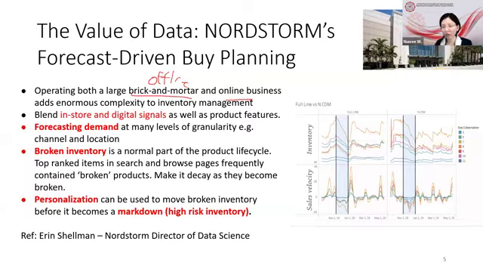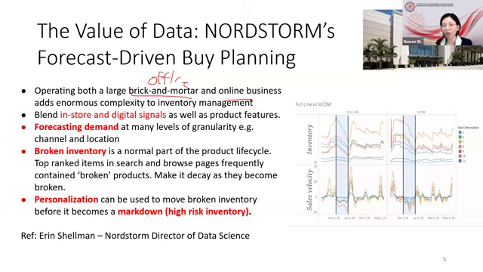Because if it's difficult to sell, how do they sell this product? They need to mark down, right? Mark down means discount. So when it's discounted, what happens to them? They lose profit, right? They lose profit when you discount your product.